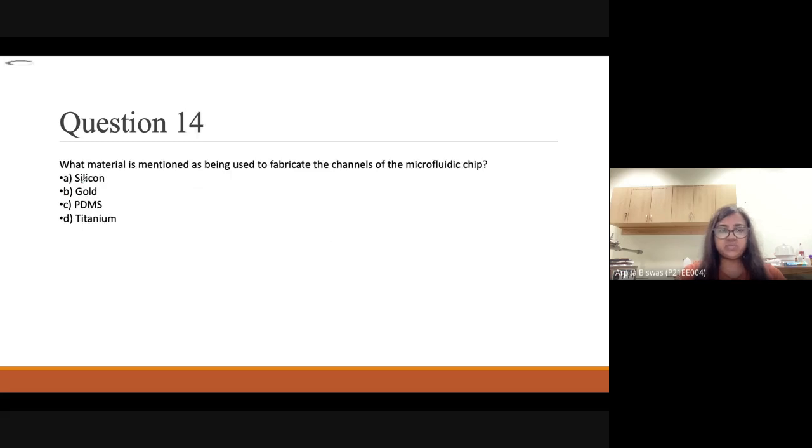Okay. So next, moving to question number 14. What material is mentioned as being used to fabricate the channels of the microfluidic chip? The first option is silicon, second is gold, third option is PDMS, and fourth is titanium. So which one is the right option?